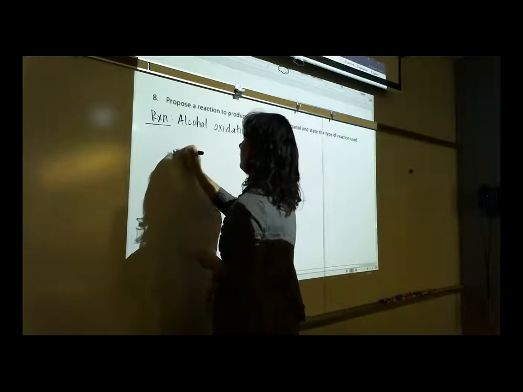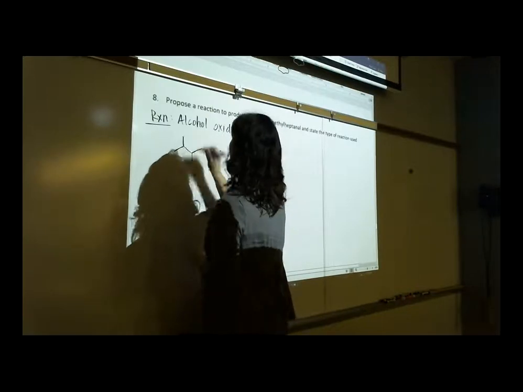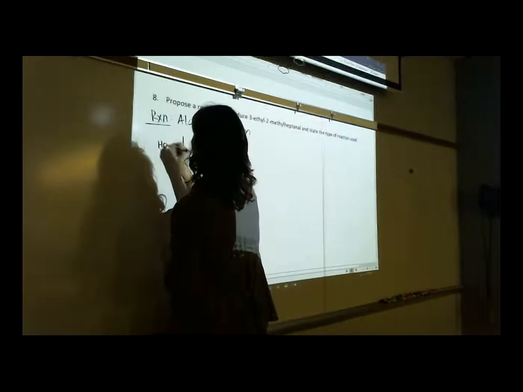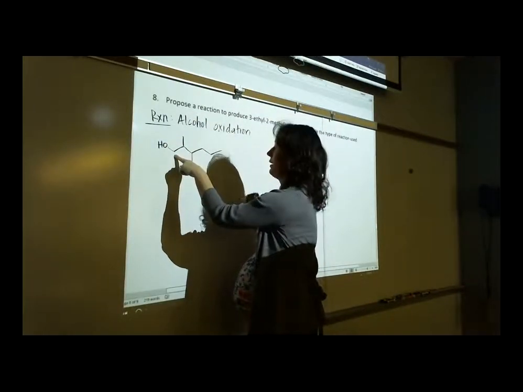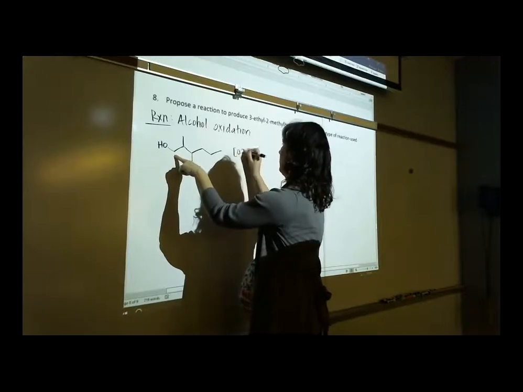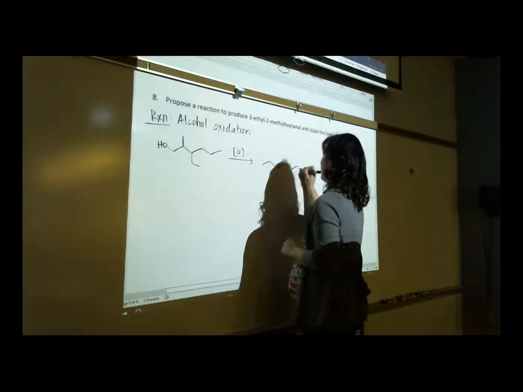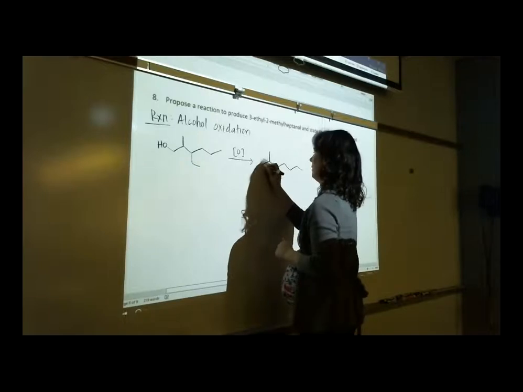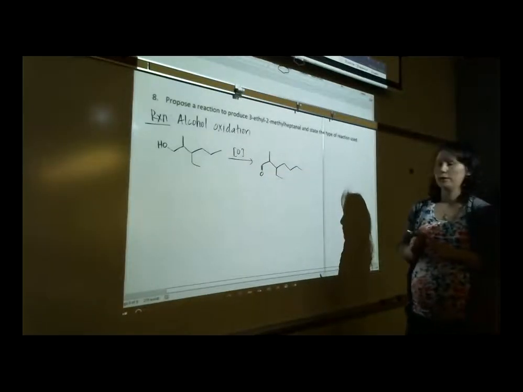So hep is 7. 1, 2, 3, 4, 5, 7. We want 3 ethyl, 2 methyl, heptanal. Right, so that means that this carbon is number 1. That's the one that needs to get oxidized. So 1, 2, 3, 4, 5, 6, 7. This, that. That gives us our product of interest.